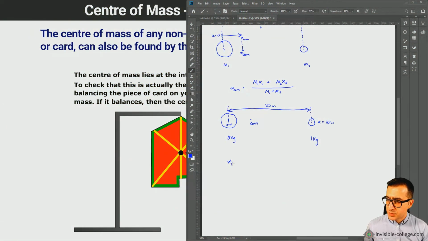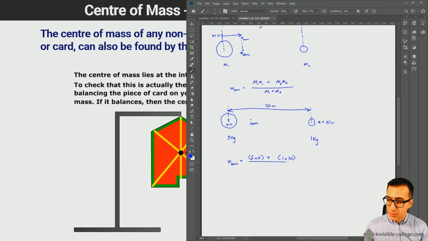So x, the position of the center of mass, is equal to mass 1, which is 5 kilograms, times position 1. We designated the position of the center of mass of this object as 0 on the x-axis we defined earlier, so this is 5 times 0. Then we add mass 2, which is 1 kilogram, times position 2. Position 2 is 10 meters away from the point we designated as position 0, so this is 1 times 10.